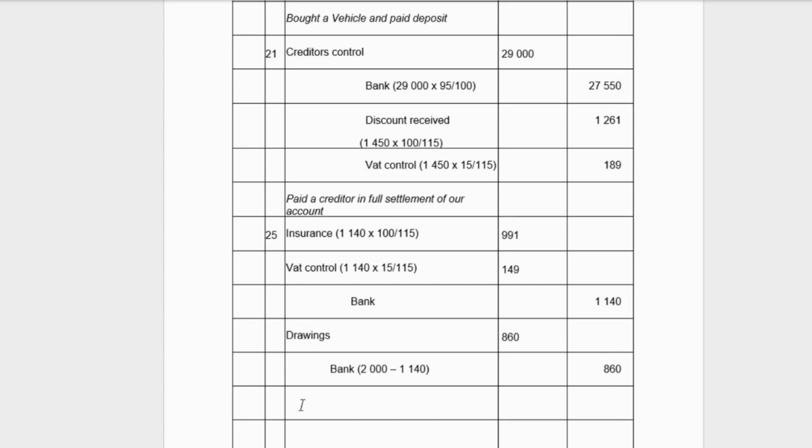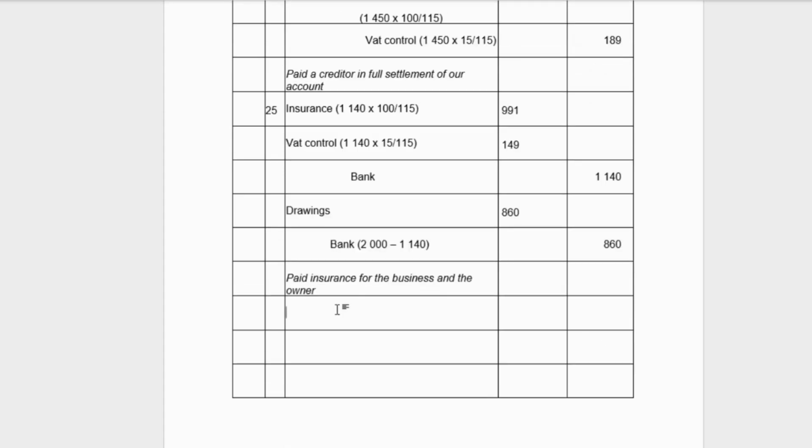We can just say paid insurance for the business and the owner, right? Because that's what the transaction says happened. Okay, so let's go to the next transaction right there.